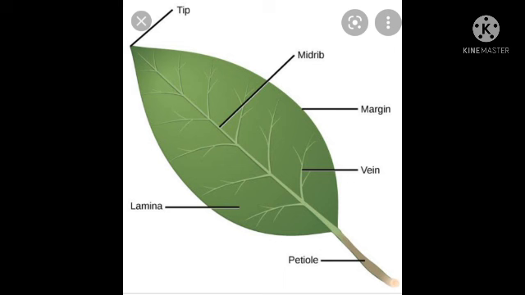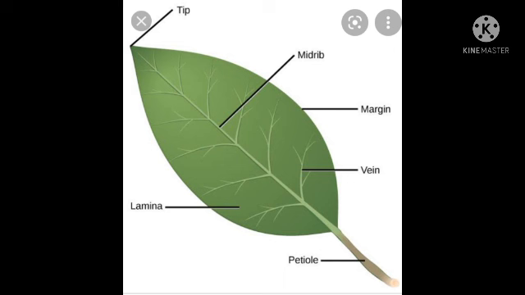Leaves of some plants possess a pair of lateral outgrowths on the base on either side of the axillary bud. These are called stipules.